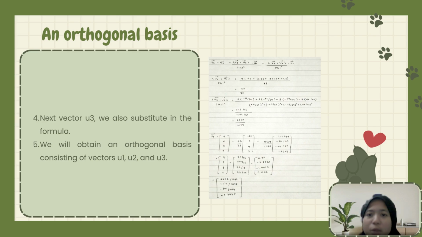So we calculate one by one and substitute the answers, and lastly we will get the answer for vector u3. That's how we obtain an orthogonal basis, which is represented by u1, u2, and u3.